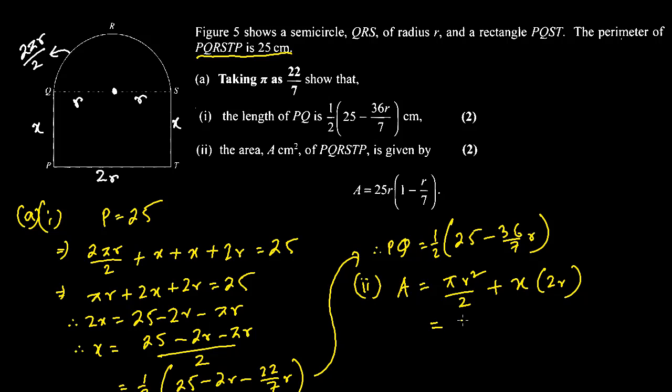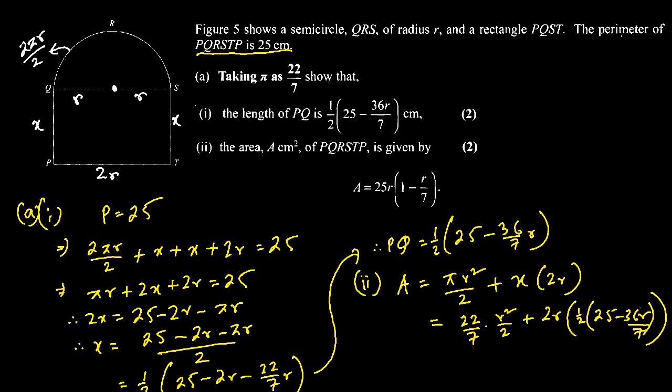Instead of pi, we write 22 by 7. So this is r squared by 2, plus 2r, and instead of x, we write half of 25 minus 36r by 7.